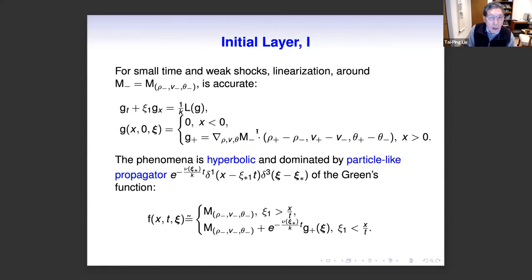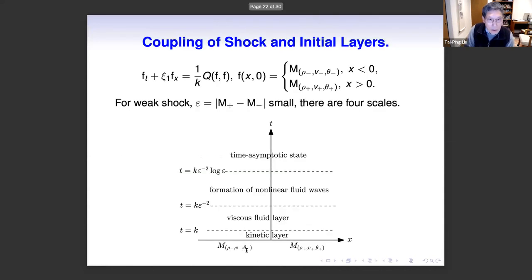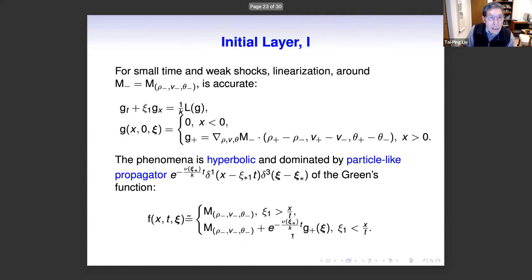Okay, so now let's talk about initial layer one, which is this one here. First, the initial layer for the weak shock, we can linearize, which will be accurate.